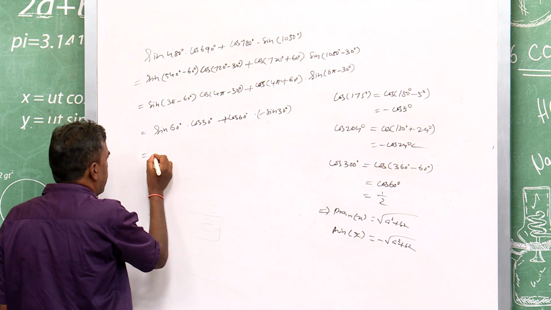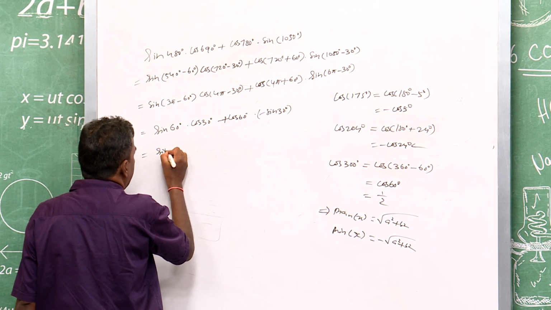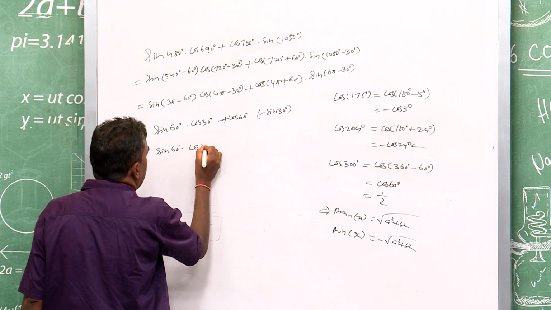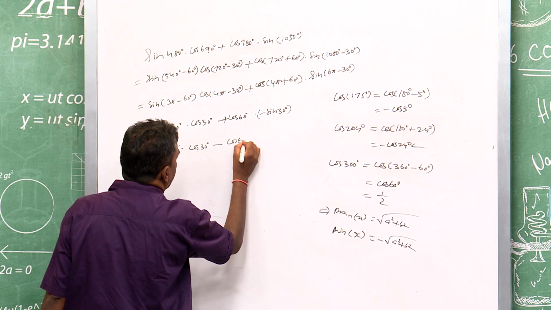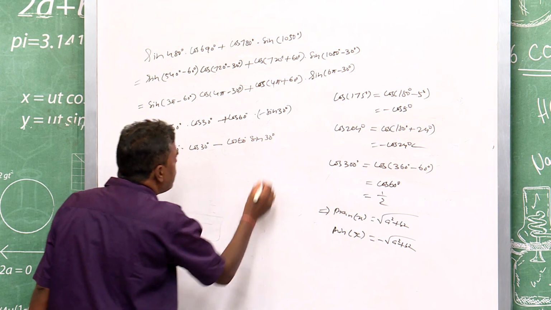Or you can write it as sin 60 cos 30 − cos 60 sin 30.